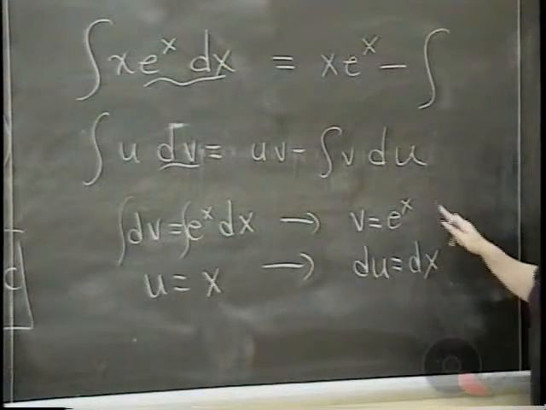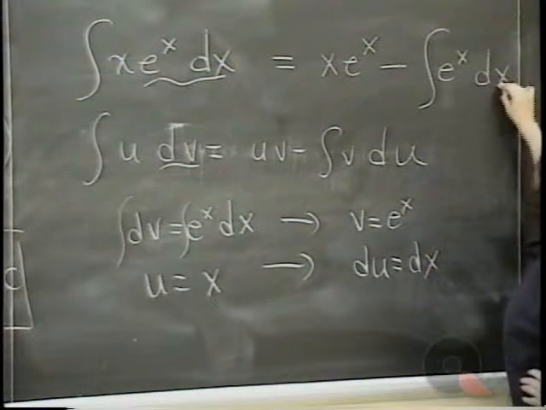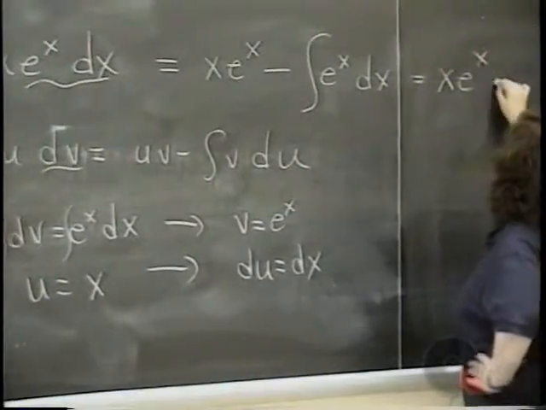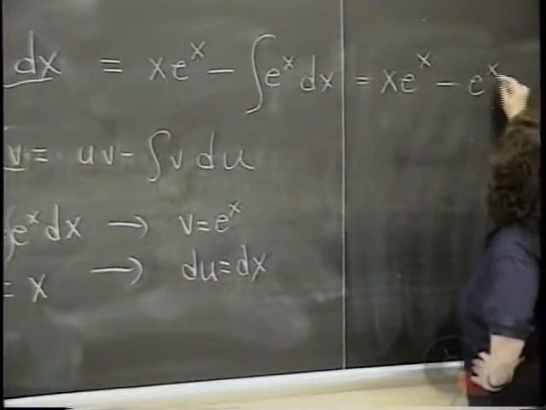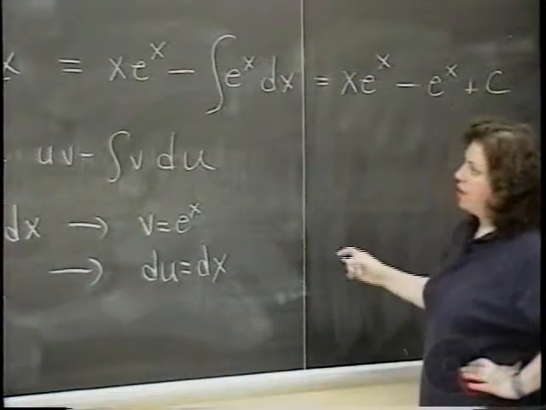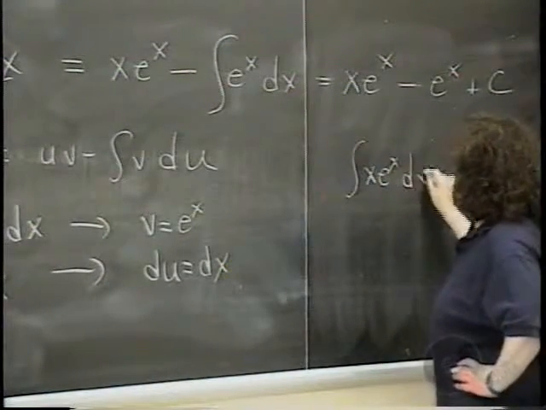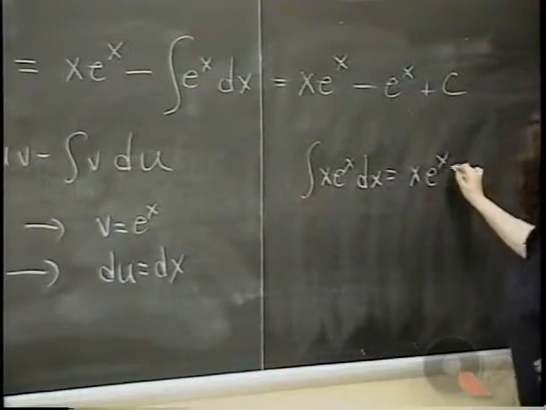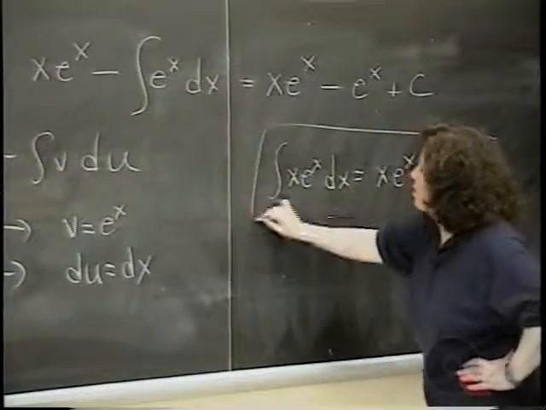Well, the integral of v du is the integral of e to the x dx, and we have x e to the x minus, of course, the integral of e to the x dx, which is e to the x plus a constant. So we have our answer. We have that the integral of x e to the x dx, we now know it to be x e to the x minus e to the x plus c.